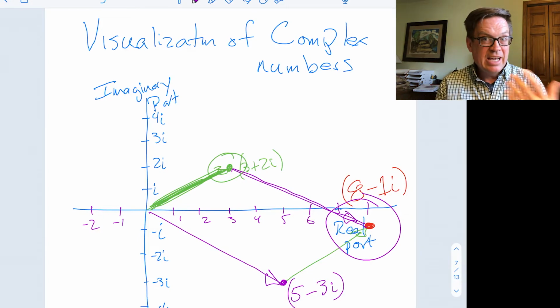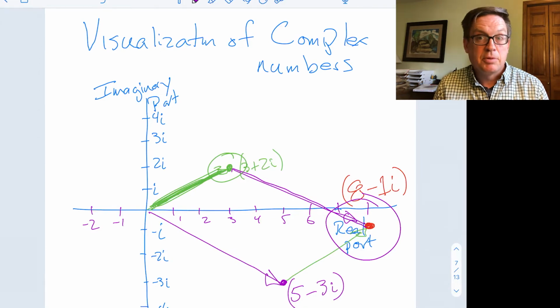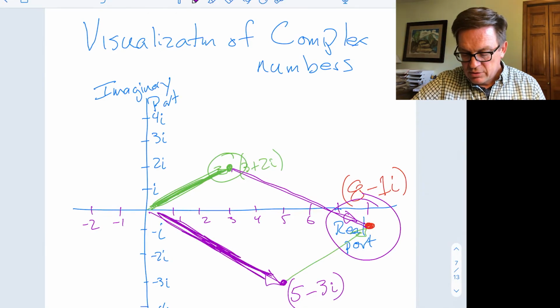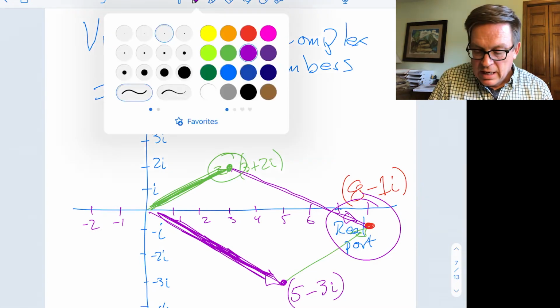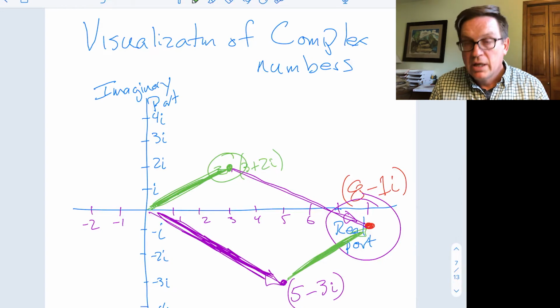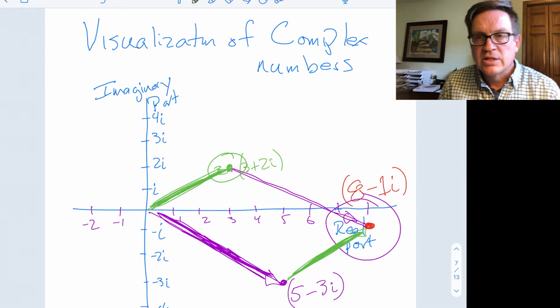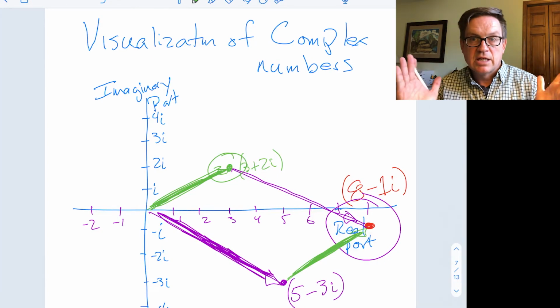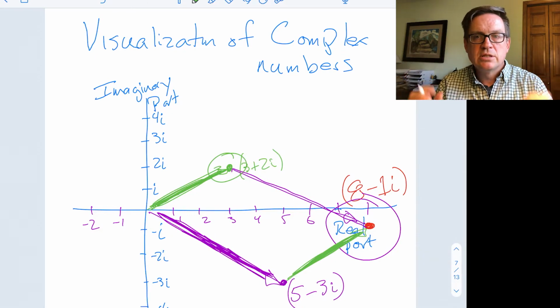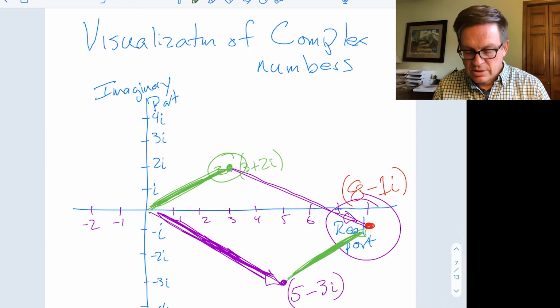And so you can see, I could add them in either order. I could have done the purple first and gone down along to the bottom, done the 5 minus 3i, and then added the 3 plus 2i, and I get back to the 8 minus 1i. So thinking about these as arrows, as vectors, or as coordinate points, has a lot of useful applications.